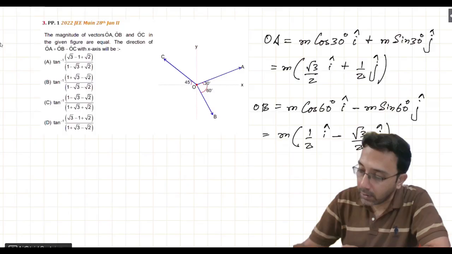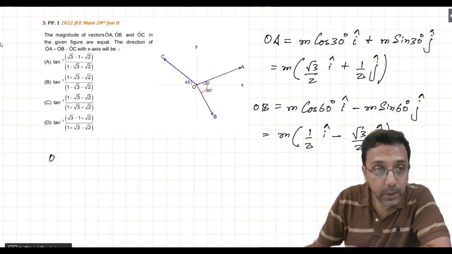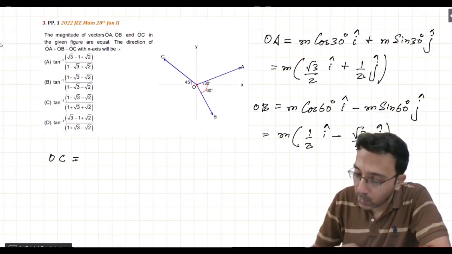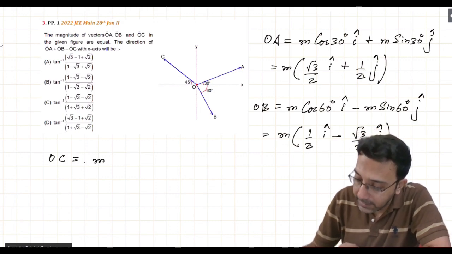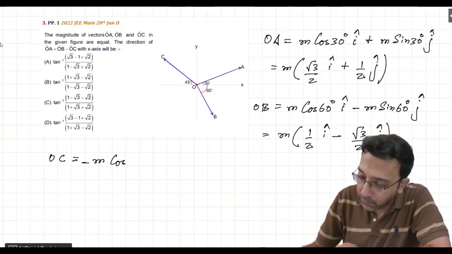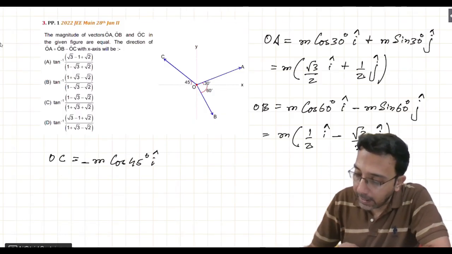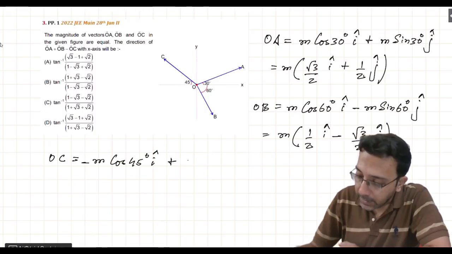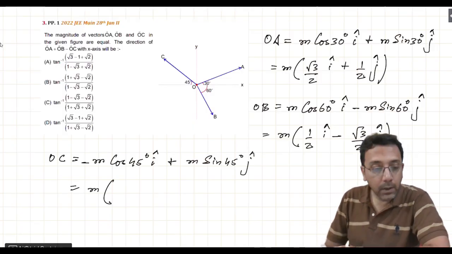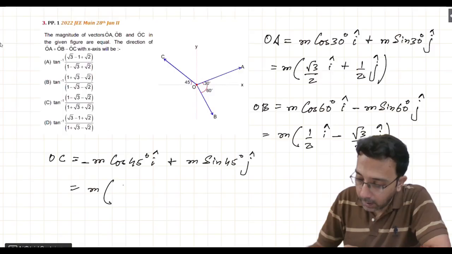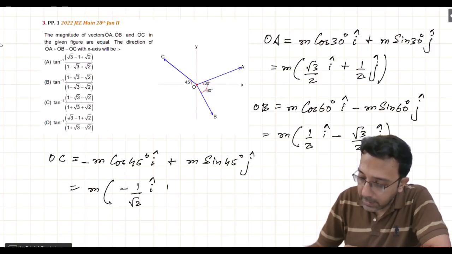So that is OB we got. Similarly, if I write OC, OC is towards negative x. So OC will be minus m cos 45 degree i, and it will be positive y, so plus m sin 45 degree j. If I take m common, minus 1 by root 2 i plus 1 by root 2 j.